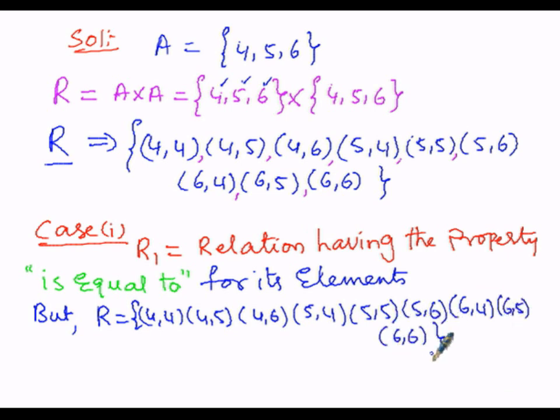So these are the elements of the given relation R. From this we have to choose the relation R1, where the condition or the property is x equals y.